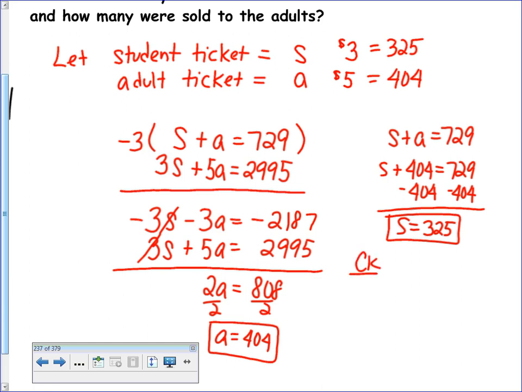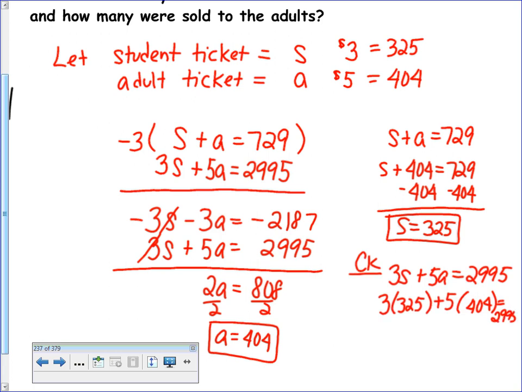I'm going to check the money one now. So I have 3s plus 5a. Does that equal 2,995? So 3 times my student tickets is 325, 5 times my adult of 404. Well, I'm going to run out of room. Does that equal 2,995?